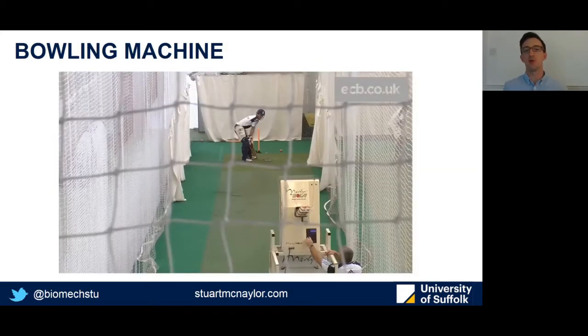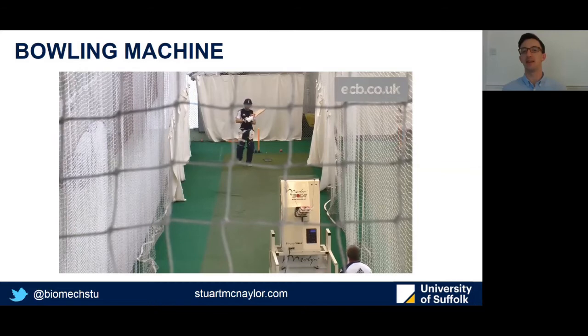And this raises some questions about how appropriate it is to train using a bowling machine, where the benefit is the lack of training load on bowlers, especially fast bowlers who are already at an increased injury risk. But the negative may be the lack of pre-release visual information.